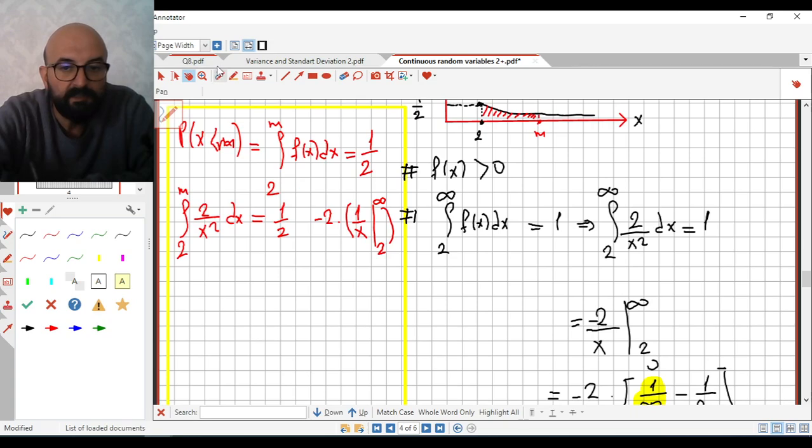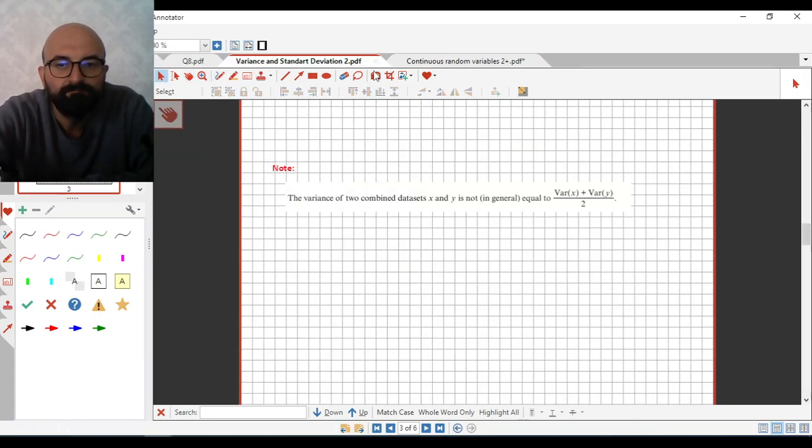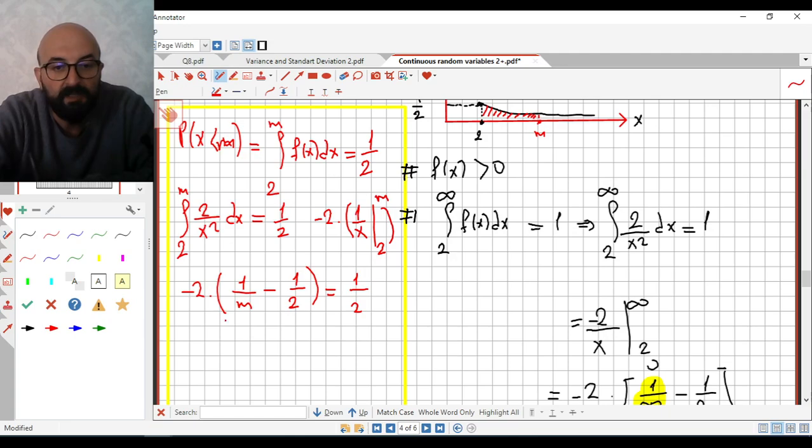So it means, excuse me, this is not infinity, it should be m. So negative 2 multiplied by (1 over m minus 1 over 2) should be 1 over 2.